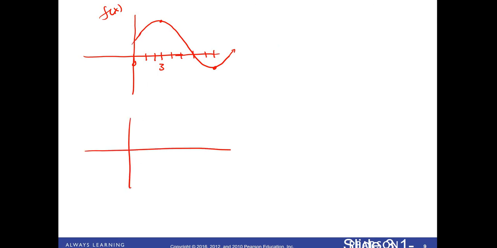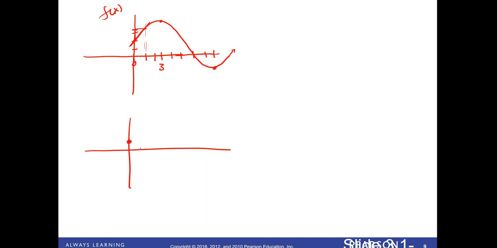At 0, I want to estimate this slope. So I want to take a couple of points on a tangent line and see what we have. 1, 2, 3. So let's say we go up 1 and to the right 1. Let's say the slope at 0, that's what I was calculating, is 1.